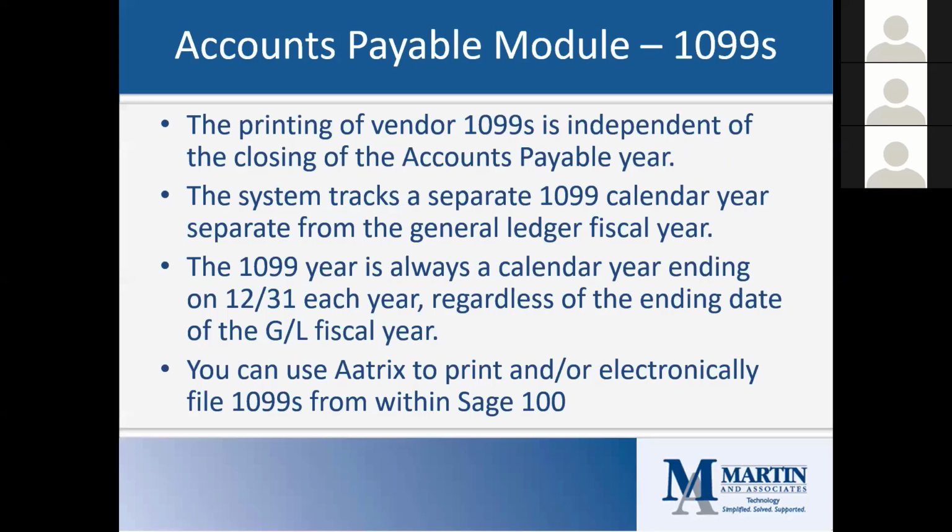So that's an independent thing, but it's still part of your year-end processing when you're at the end of December getting those out. And you can use Atrix, which is a program that kind of comes with Sage that you can install to print and or electronically file your 1099s from within Sage 100. Okay.